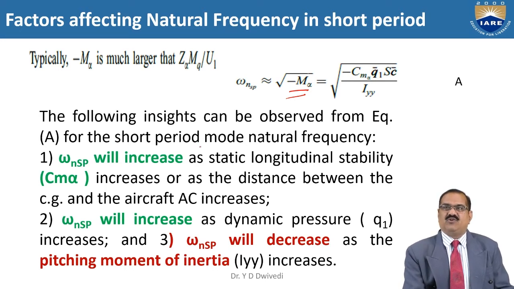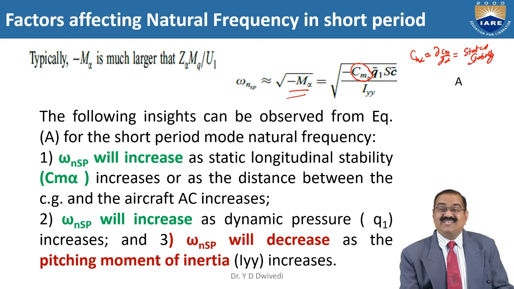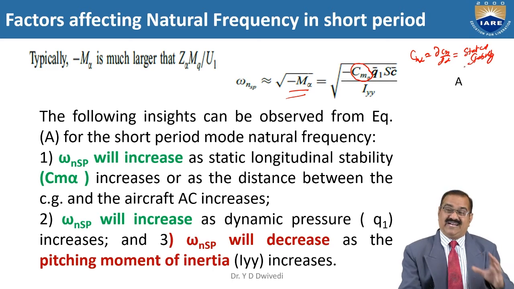For the short period mode, the natural frequency omega n SP will increase as static longitudinal stability Cm alpha increases. You see here, what is Cm alpha? Cm alpha is dCm by d alpha, and this is the static stability. Static stability is very important in dynamic stability. That is why, to have dynamic stability, your static stability parameter has to be satisfied.